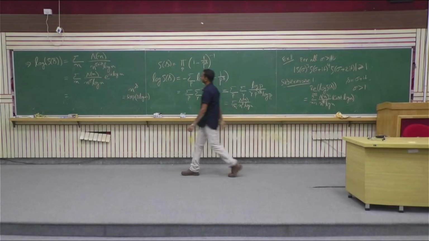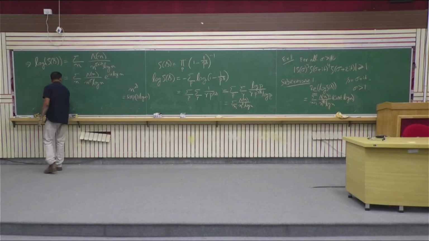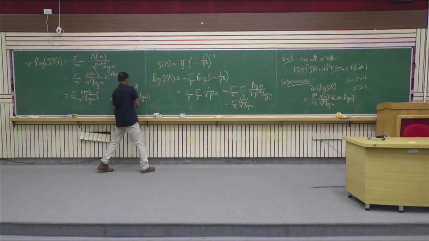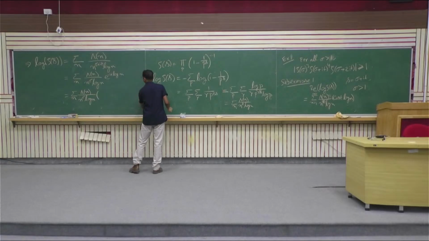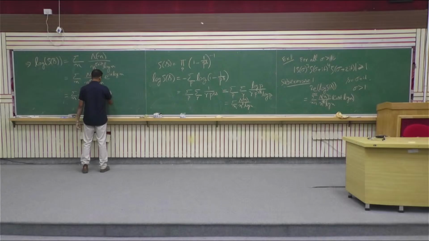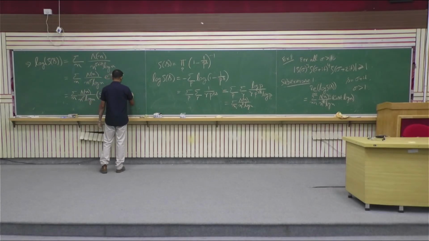So this one is the summation over n of lambda n by n power sigma, log n, times sine of t log n minus i cos t log n.